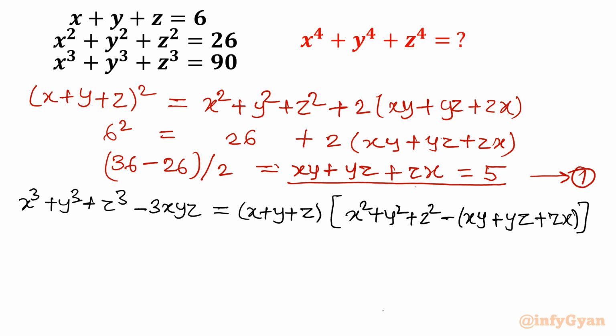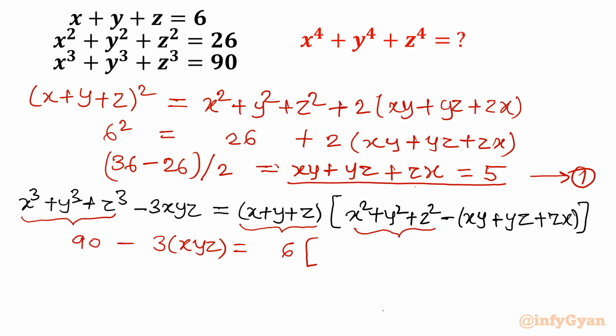So let's put the values. x cube plus y cube plus z cube is 90, so here I will put 90 minus 3 times xyz equal to 6 in the bracket. The square addition is 26, so here I will write 26 minus xy plus yz plus zx, which we just calculated in equation number 1, is equal to 5.